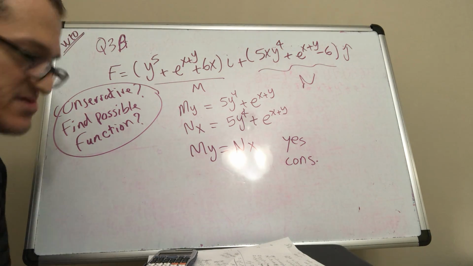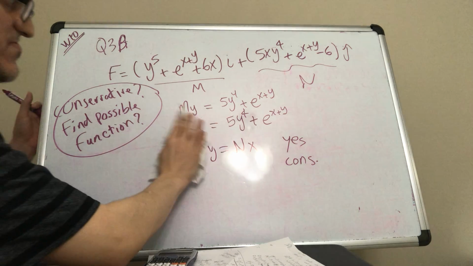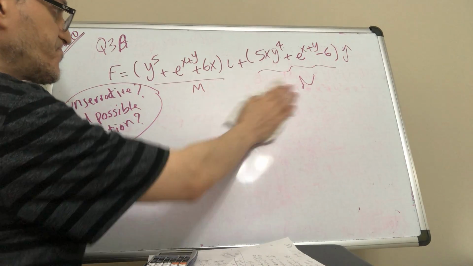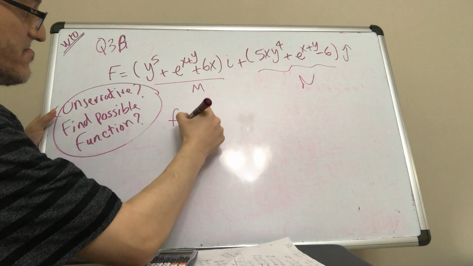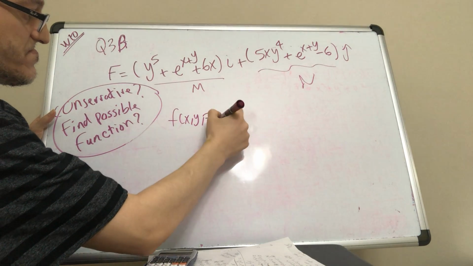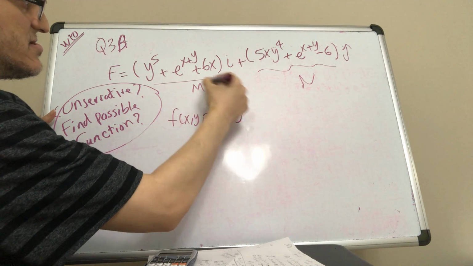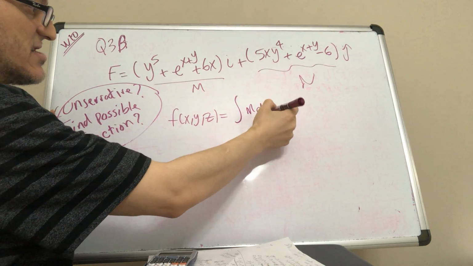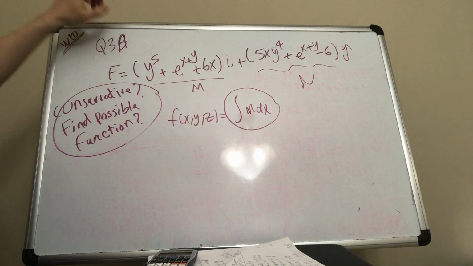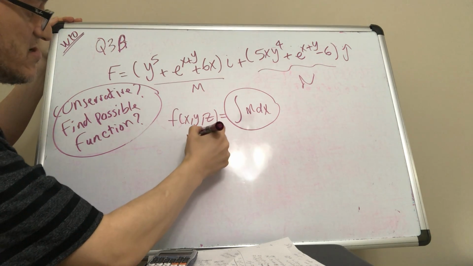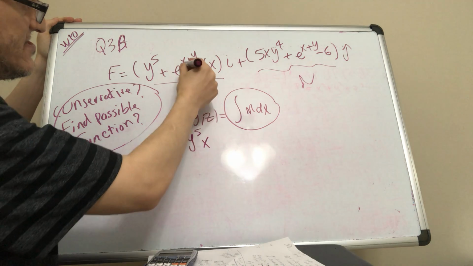Once they're conservative, you can find a possible function. You integrate m dx. Integrating this would be a constant times x.